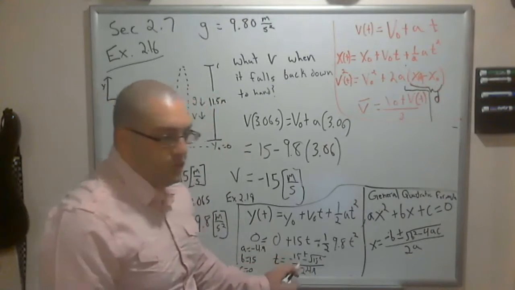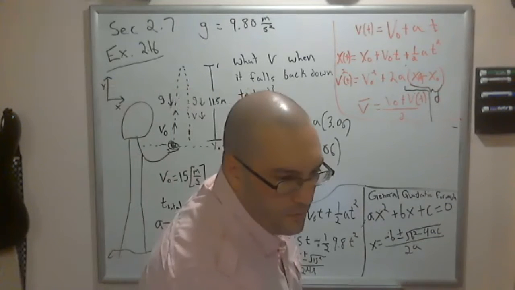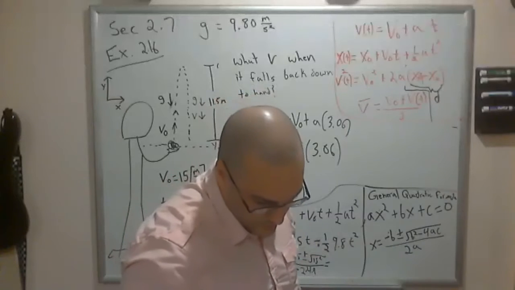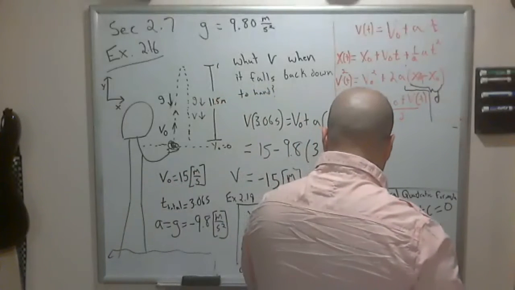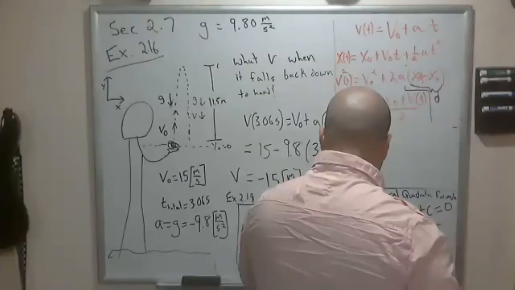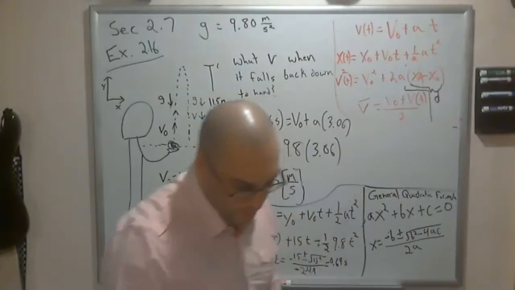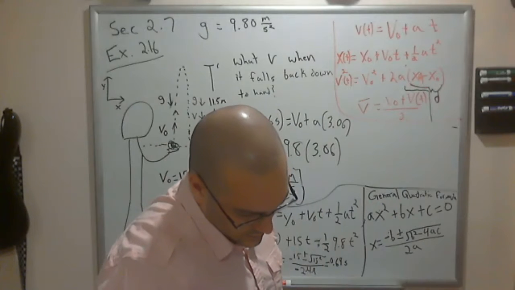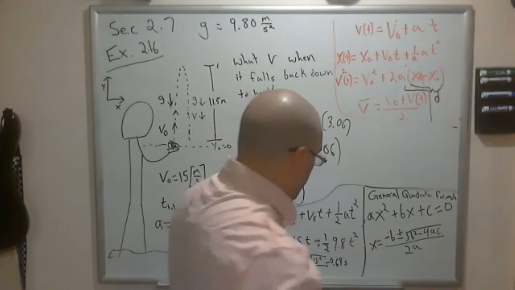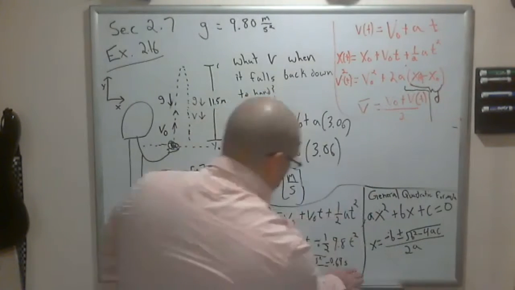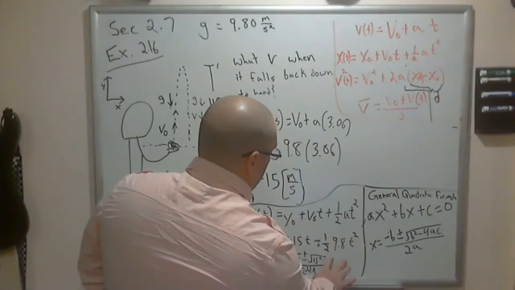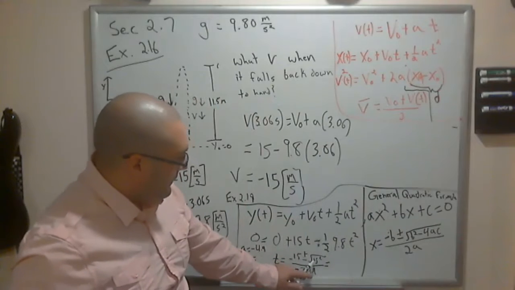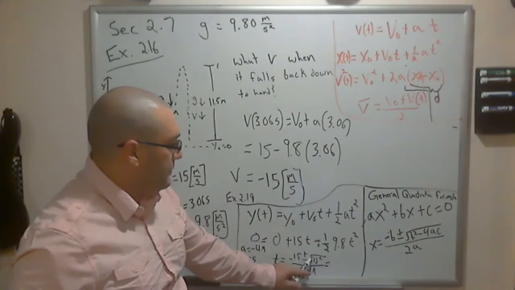And if you look, there's two solutions. Right? Or I'm sorry. The two solutions are, we're measuring when it comes back down, right? The two solutions are, if you look, the square root of 15 squared.